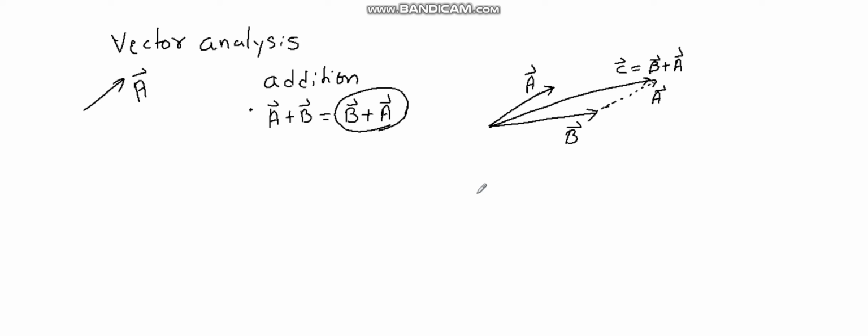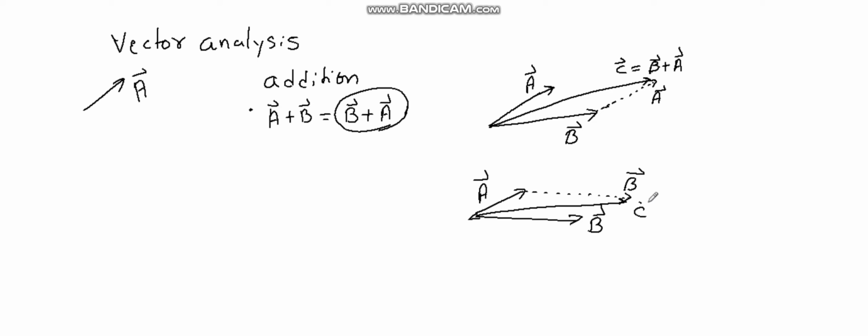Now we will do the LHS part. So again we have this A vector and we have B vector. So here we will add B to the A. So this B vector will be transported to the head of the A. So this is the same B vector being transported, and the resultant vector will be this vector.